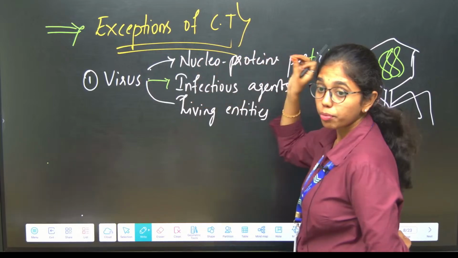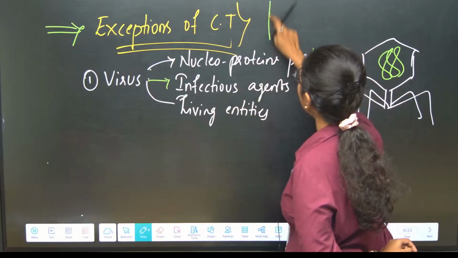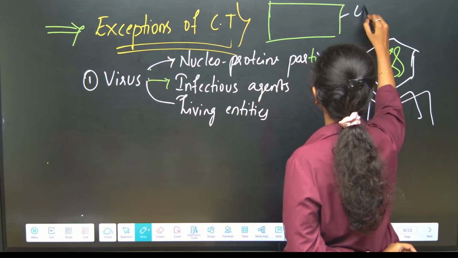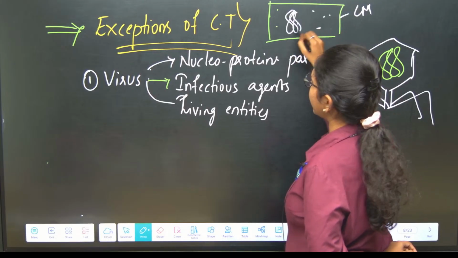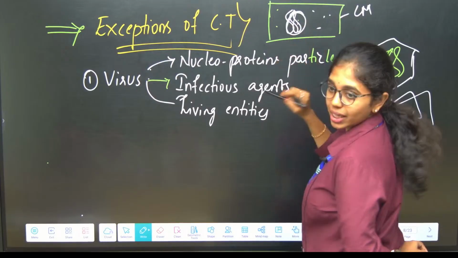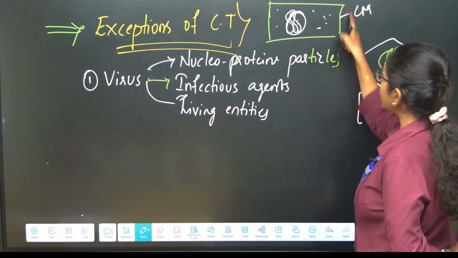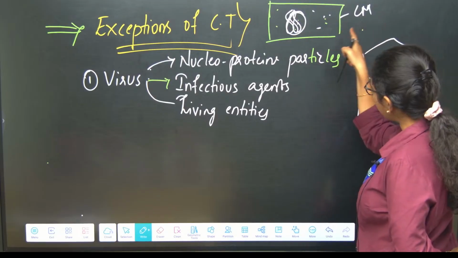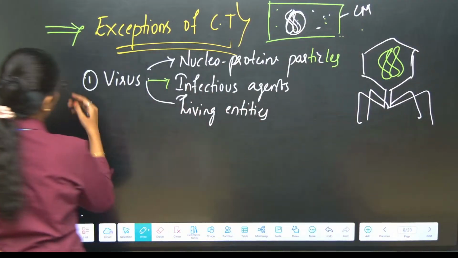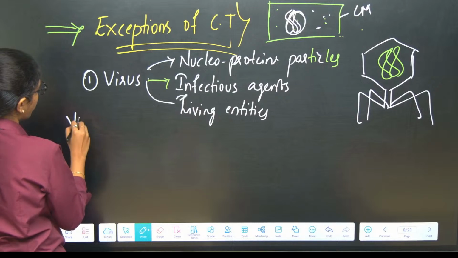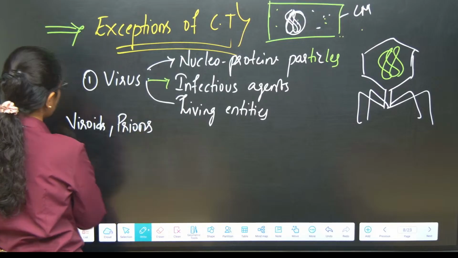Cell theory is applicable only to those cells which have a cell membrane, cytoplasm, which is protoplasm, and a single nucleus inside. Only to these cells is cell theory applicable. Now you can easily tell me the exceptions. Along with virus, viroids and prions, cell theory is not applicable.